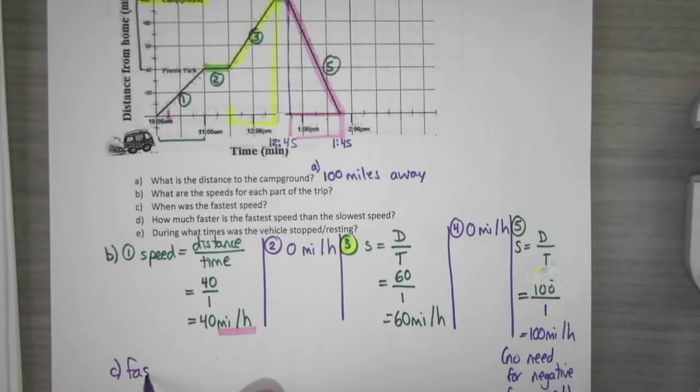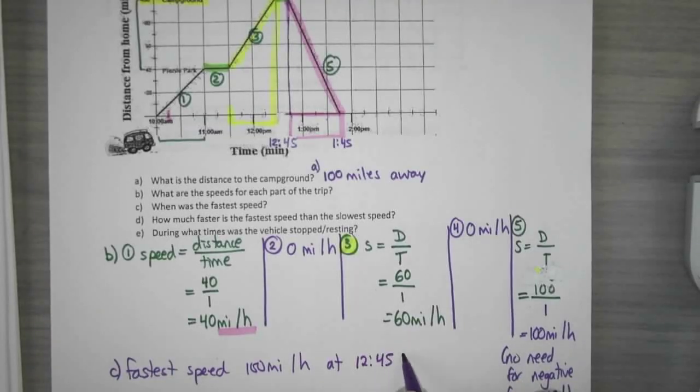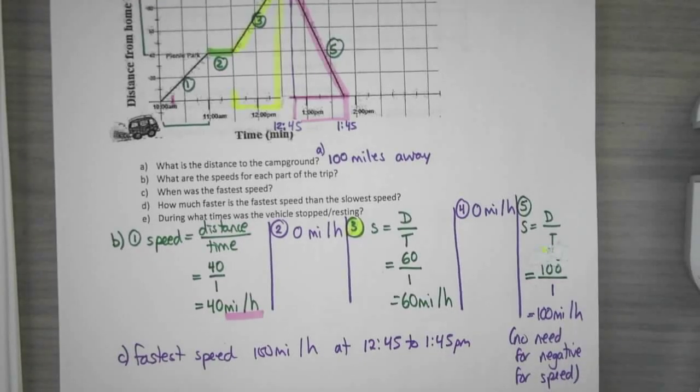So we've got 100, 40, and 60. Fastest speed is 100 miles per hour, yes? When is the fastest speed? At 12:45 to 1:45. There you go. All right.